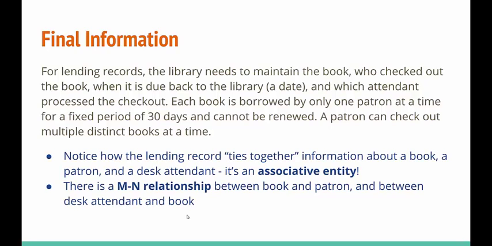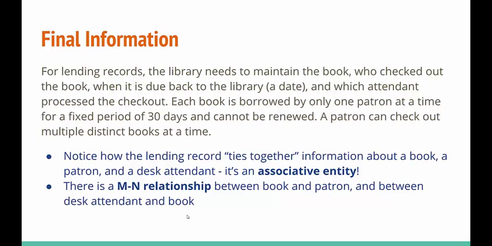Well, notice how the lending record ties together information about 3 things: the book, the patron, and the desk attendant. What this does is make lending record an associative entity, tying together information from multiple tables. This is also an associative entity because there is a many-to-many relationship between book and patron.